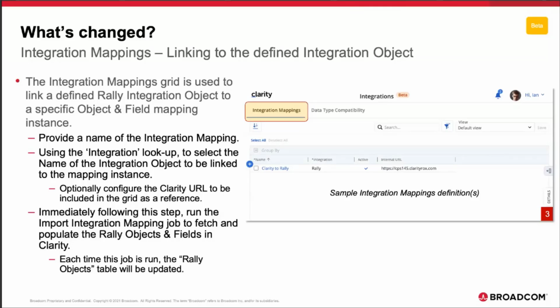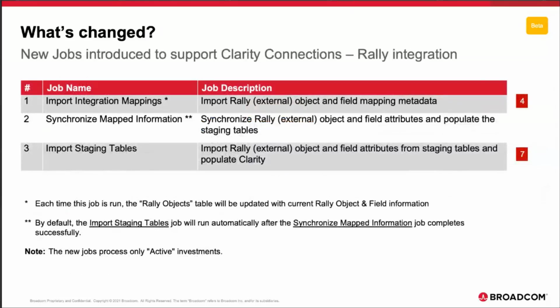Even if you have run this job once before and you create some custom attributes on the Clarity side, this job still needs to be run. So here's the job that gets run, number 4 there. Clarity Connections includes 3 new jobs. I've just described the item tagged as number 4.